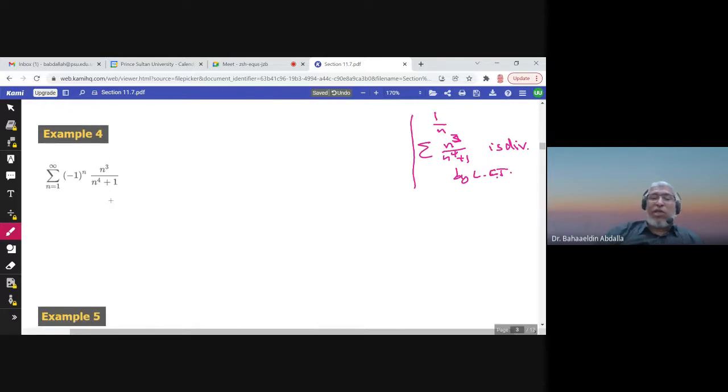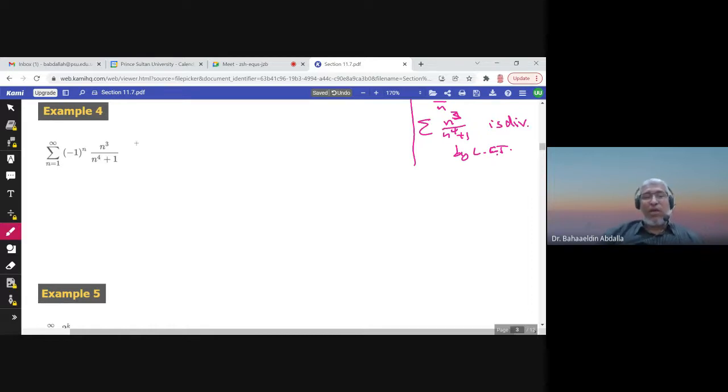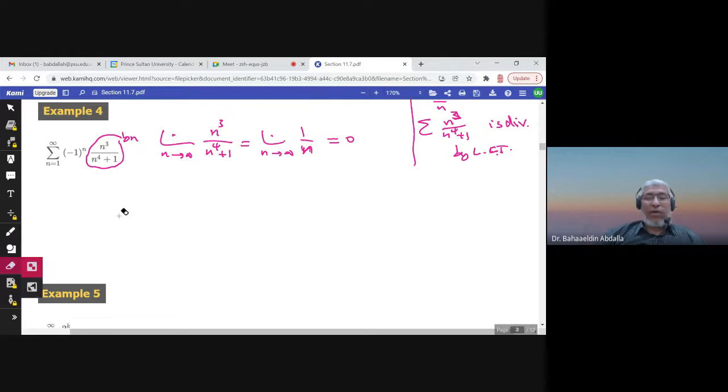I will use the alternating series test here. Alternating series test says that this is b_n, and we need to check that the limit of b_n is 0. And that's correct because when we take the highest power up and down, we will have 1 over n. And the limit of 1 over n when n goes to infinity is just 0.